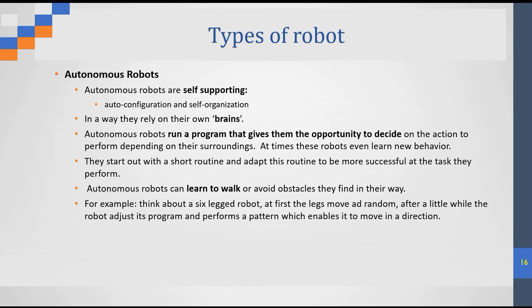So the autonomous robot runs a program that gives them the opportunity to decide on the action depending on their surroundings. In the end they also have an aim, an objective, and they want to achieve that objective. Also, autonomous robots can learn.